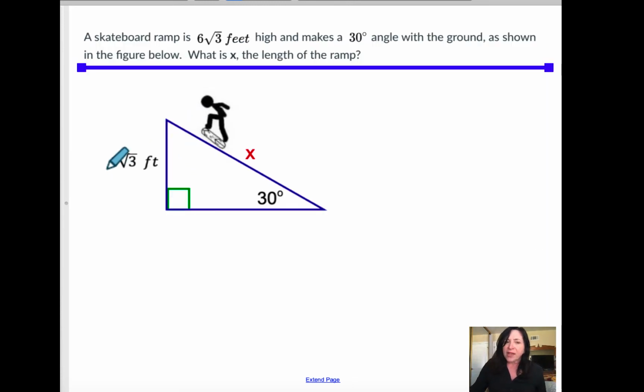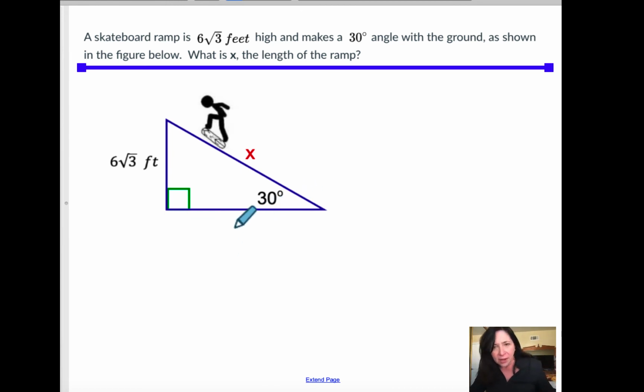For this problem, you've got a skateboard ramp that's 6 root 3 feet high, so that's your altitude. It makes a 30-degree angle with the ground, and what is the length of the ramp? So you have some options.